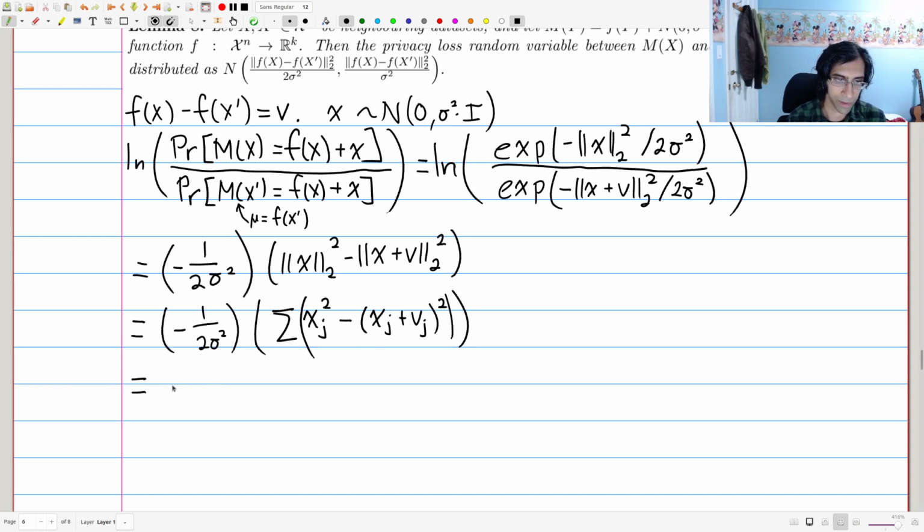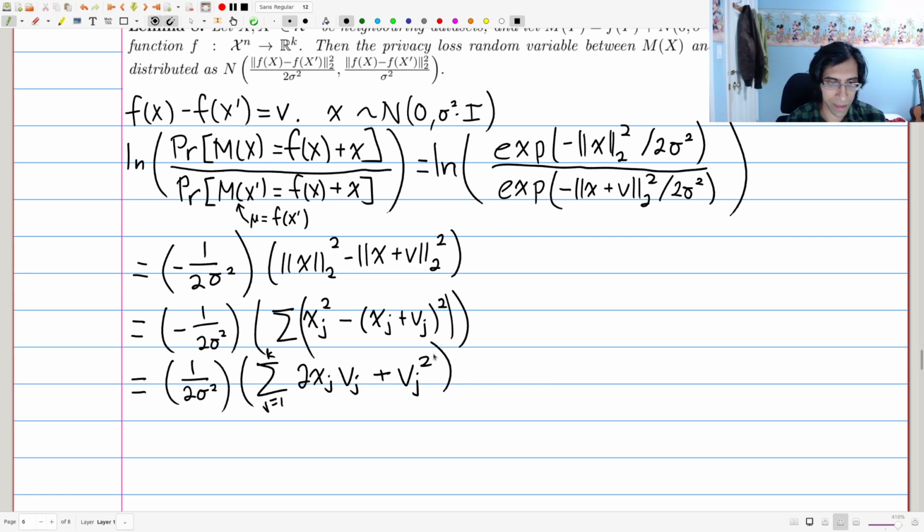And a negative sign will cancel out there. So convince yourself that the simplification of this will be the following after we cancel some of these terms. It's going to be the following.